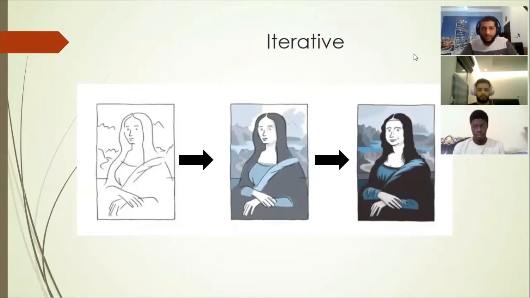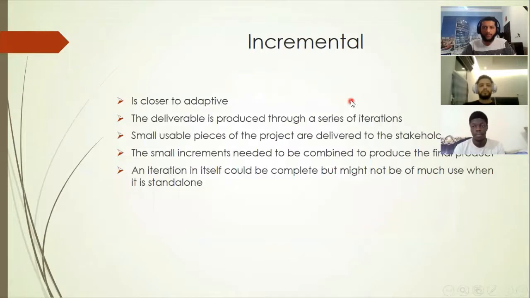So in the beginning, you have the full vision or requirements of the project, and while going through the processes, you modify your project, and then again, until you deliver the final project to the client. Okay.